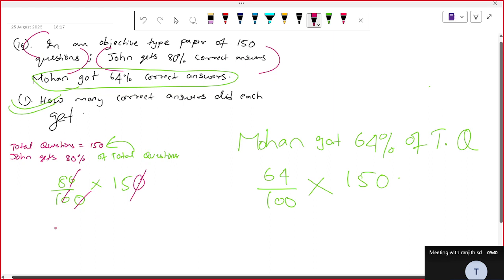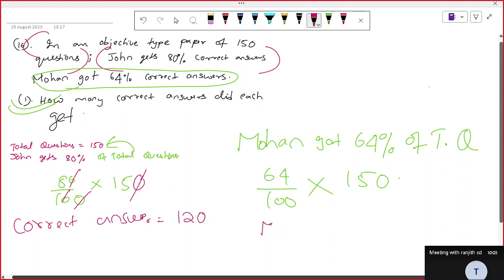John got 120 questions correct, which means 120 answers were right. So you can write correct answers. Even this word, correct answers, I've taken directly from this statement. So you can write John's correct answer, or just write correct answer is equal to 120.